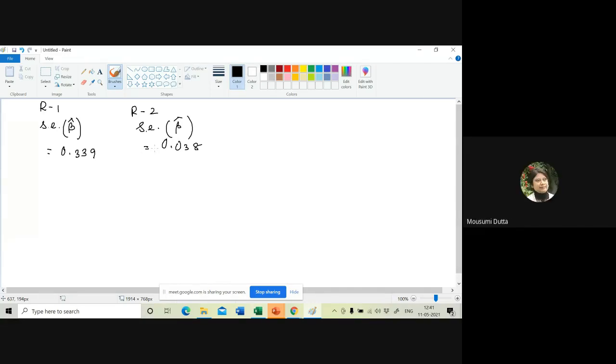You already used it today while doing the numerical exercise. So everybody knows the formula: sigma squared divided by summation xi minus x bar whole square. That is the definition of variance of beta hat. Now, given this definition and given the data set, do you have any idea why one variance is greater and the other one is smaller?